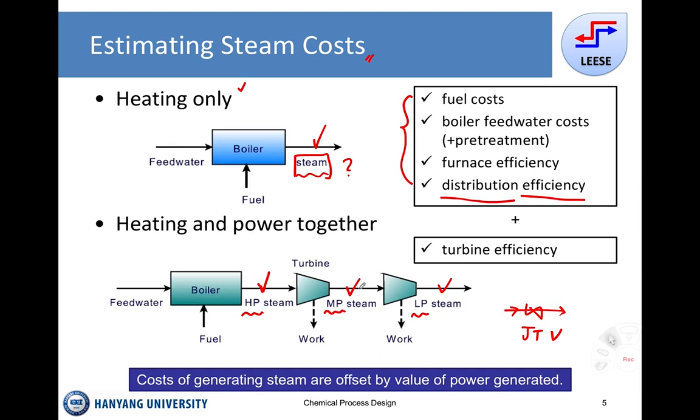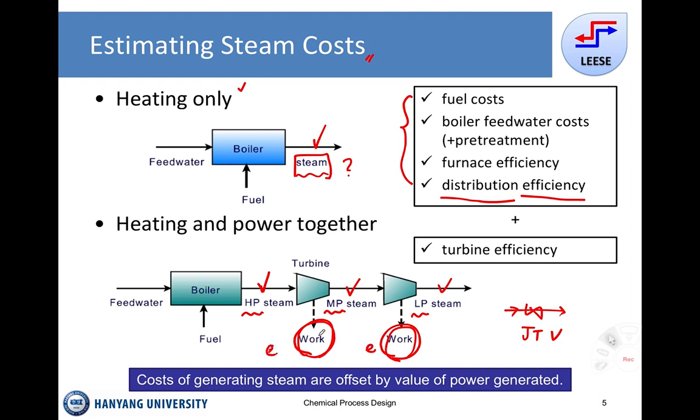But the turbine is a better device because we can recover the work, power, electricity, by expanding the high pressure steam through the turbine. So pressure is reduced through the turbine, then we can generate work. So the work means electricity in the process.